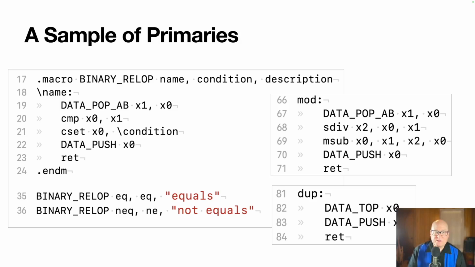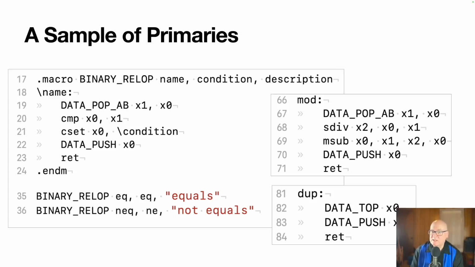For all of them, it's basically pop two values, compare them, and set the register to either 0 or 1, depending on whether the condition was met, and then push the result. So pretty straightforward. And we had all 6 of those binary ones implemented with just one-liners, like 35 and 36 show.